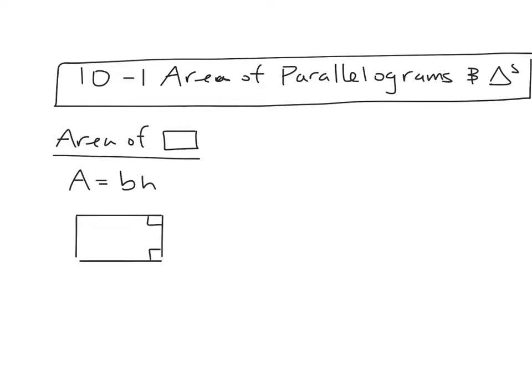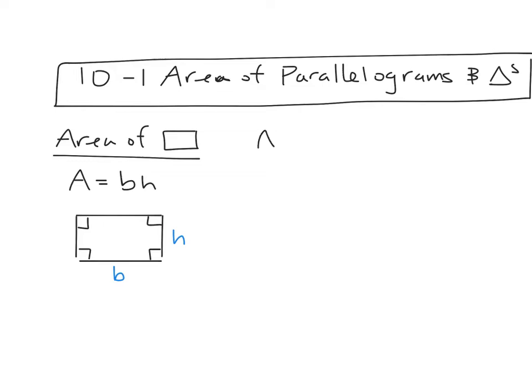Okay, a rectangle has 4 right angles. My base is one side. My height is another. Honestly, it doesn't matter which one's your B and which one is your H. Commutative property of multiplication says you can multiply in any order. So base times height will be your area, okay?